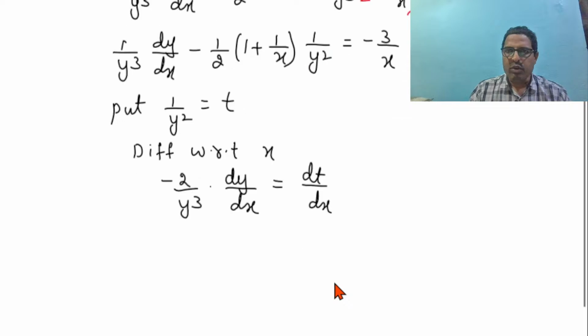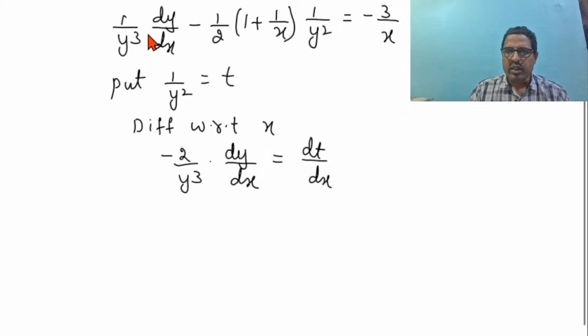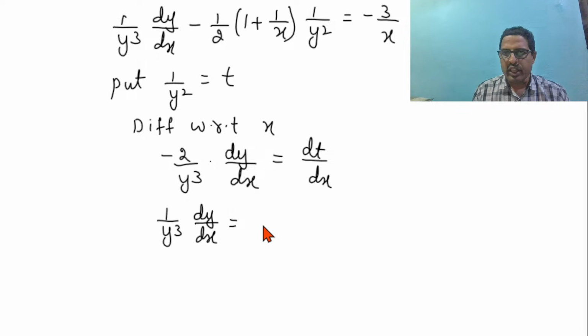But if you observe over here, you have to get 1 by y cube dy by dx. It's already there. So minus 2 you can send to the other side. So you will have 1 by y cube dy by dx is equal to minus 1 by 2 into dt by dx.